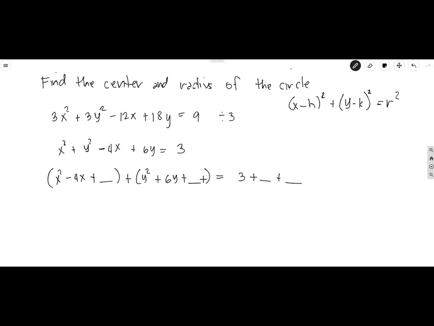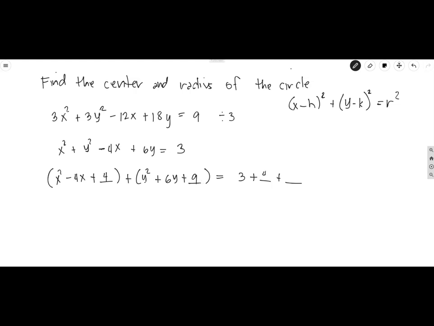So how do we complete the square? We are going to divide the coefficient here, k over 2, right? So you have 4 over 2, and then we have k over 2 squared, which is 4 divided by 2 is 2, 2 squared, so we get 4. And then here we have 6 divided by 2 is 3, 3 squared is equal to 9.